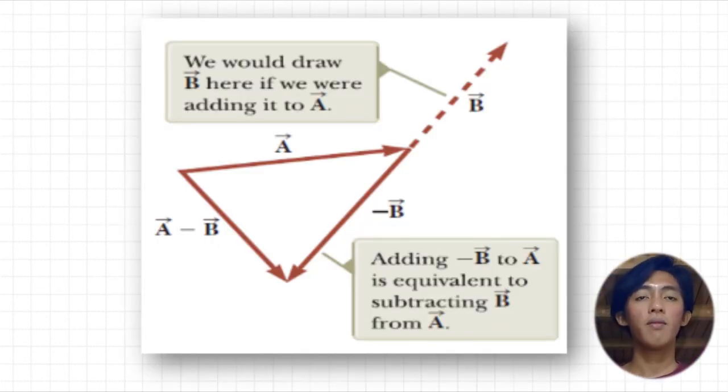Figure 12: subtracting vector B from vector A, the vector negative B is equal in magnitude to vector B and points in the opposite direction.